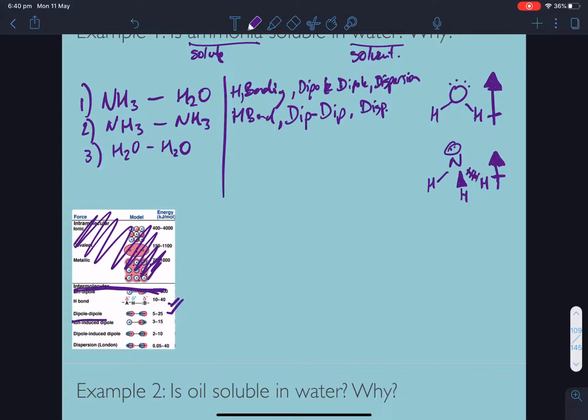We don't have a non-polar molecule, so we don't have the two induction forces, and we have electrons. Okay, so we've got the same: H bond for water to water, dipole-dipole attraction, and dispersion.